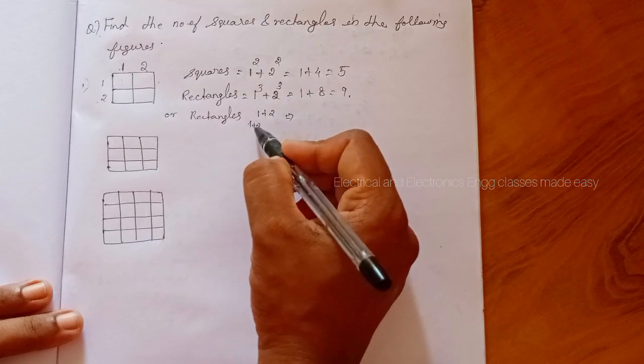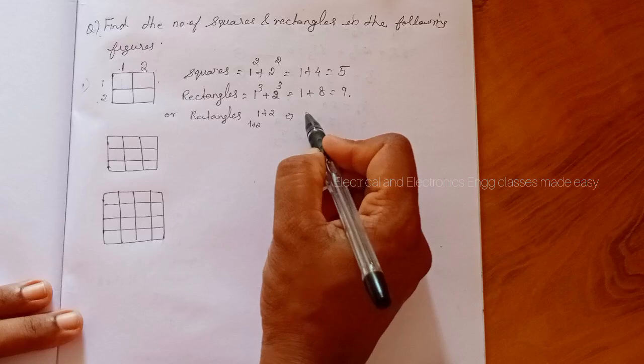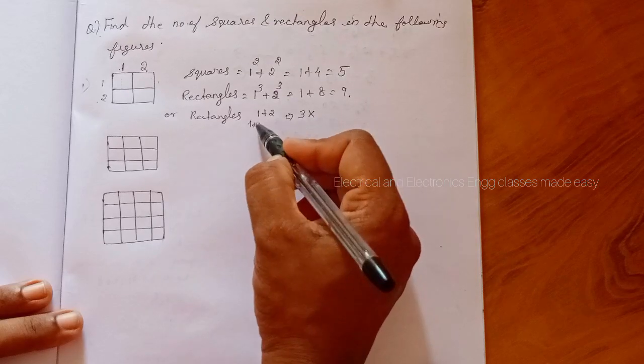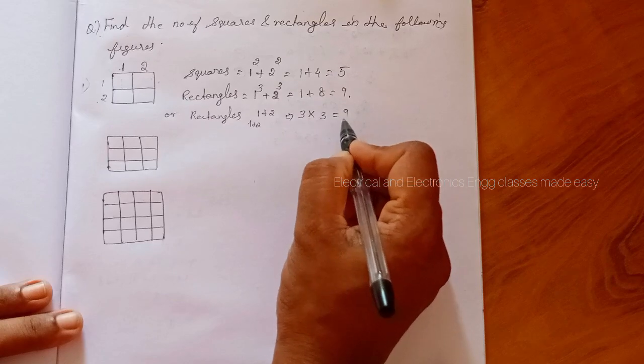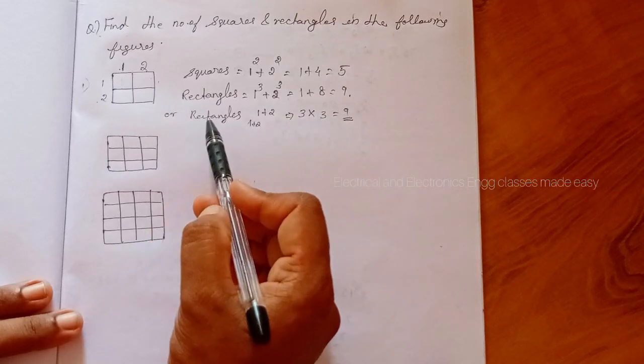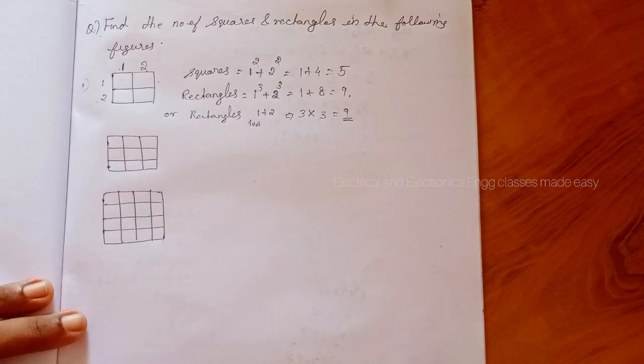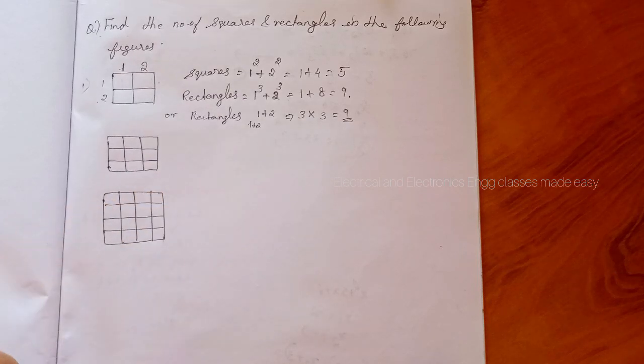Then multiply these two, that is 1 plus 2 is 3, into 1 plus 2 is 3, and that is equal to 9 also. So to find the number of rectangles we have another method also.